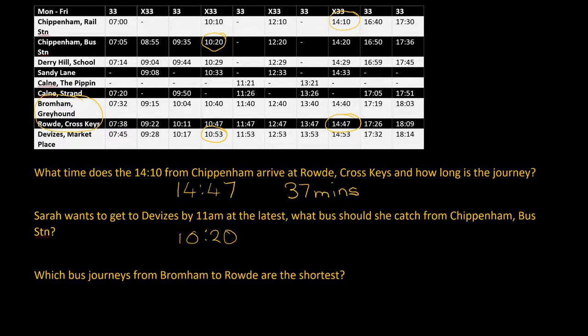So the first one is 7:32 to 7:38, so that's 6 minutes. The next one is 9:15 to 9:22, so that's 7 minutes. Then 10:04 to 10:11, that's 7 minutes. 10:40 to 10:47 is also 7 minutes. 11:40 to 11:47, 7 minutes. 12:40 to 12:47, that's 7.